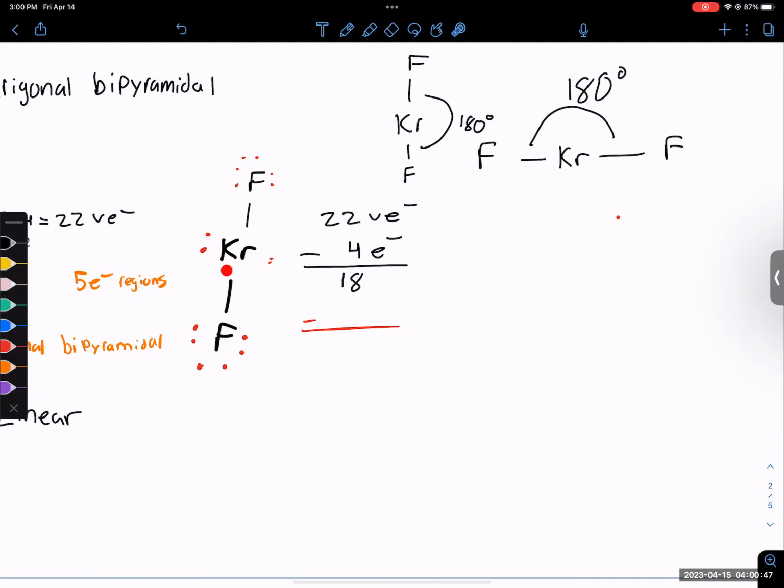So we needed to put 4 here. We needed to put 6 on each fluorine because each fluorine only had 2 to begin with, and we want them to have 8. So we need to put 6 on each fluorine. So 6, 12, 14, and 16.